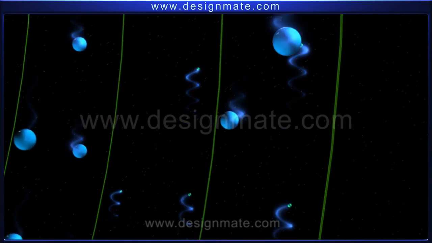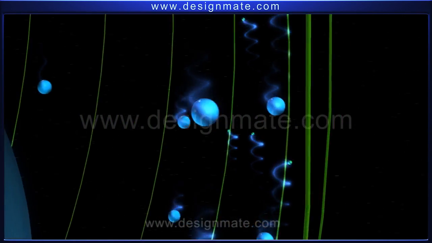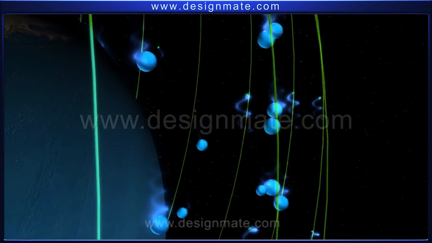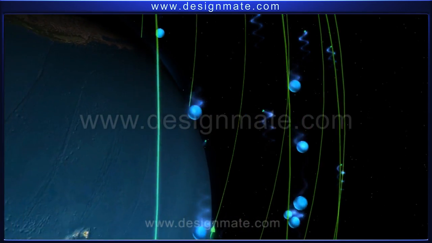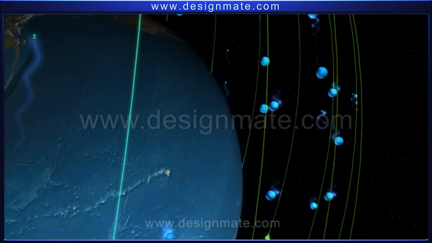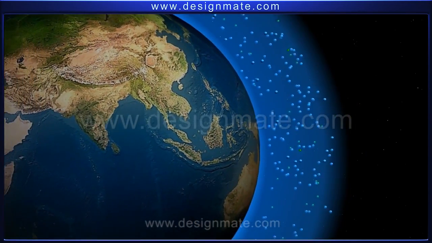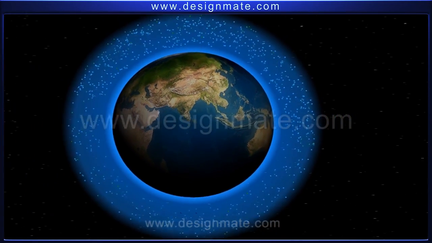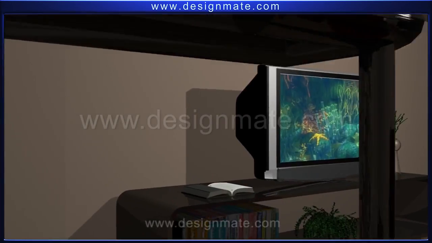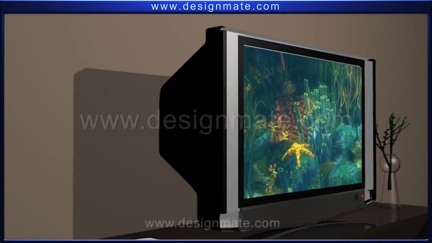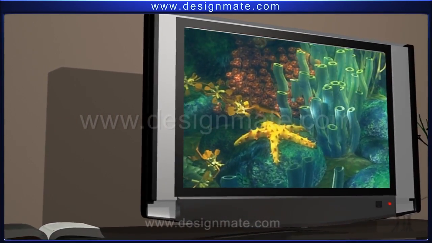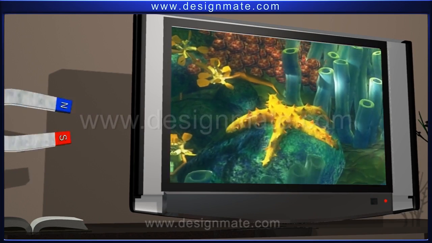The motion of positive and negative charges is opposite in direction, and the charges follow a helical path around the magnetic field lines. This is how the ionosphere is formed. Now, can you guess why the picture of a conventional television becomes distorted when a magnet is kept near it?